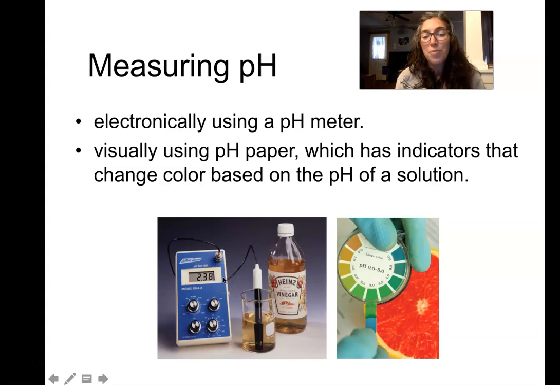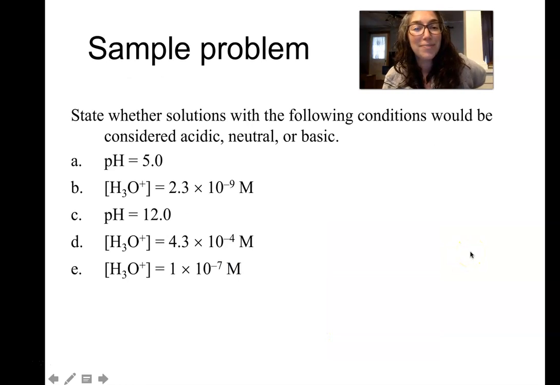There's also a lot of plant dyes that change color at different pHs, and they can be put onto strips of paper. You can make these test strips where you test pH just by touching the paper to the solution and then comparing it to the colors in a key to determine the pH. This is a little bit less exact than using a pH meter, but still useful.